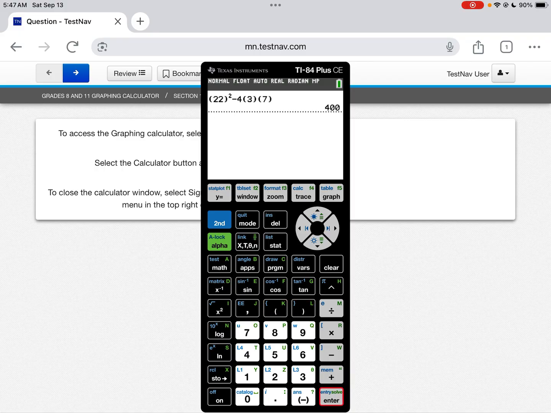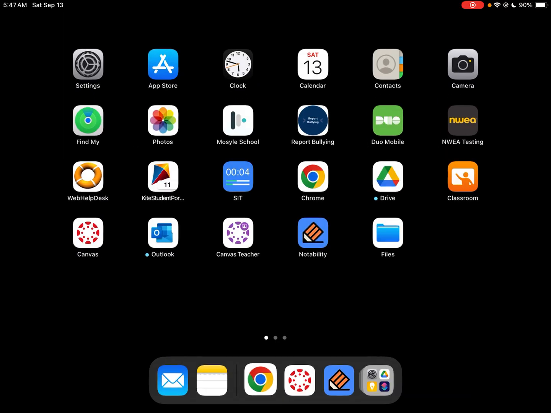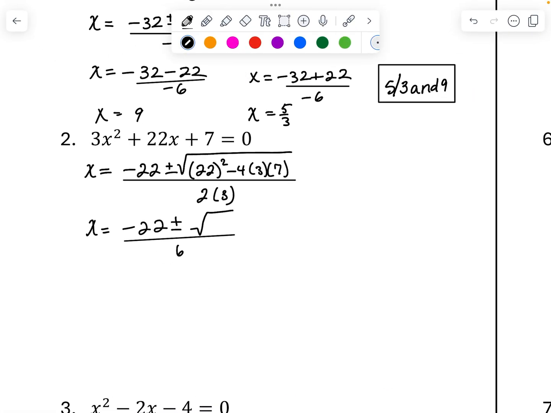And we would get 400, and that is 4 times 100, which is 20. The square root of 400 is 20.